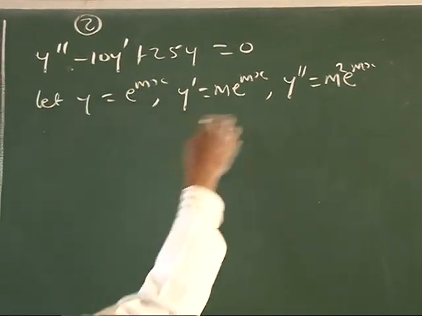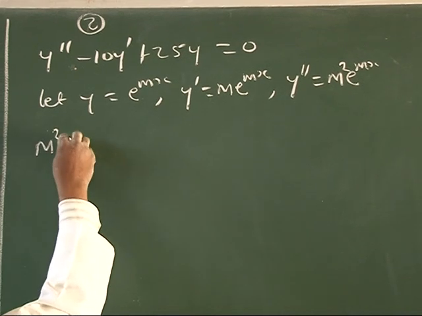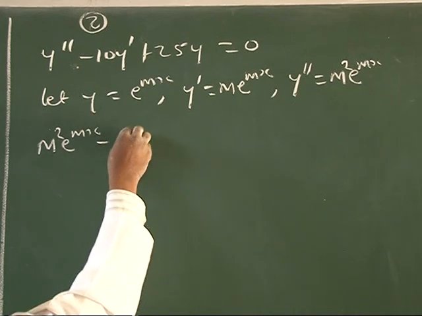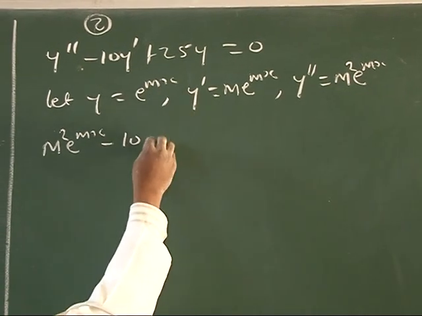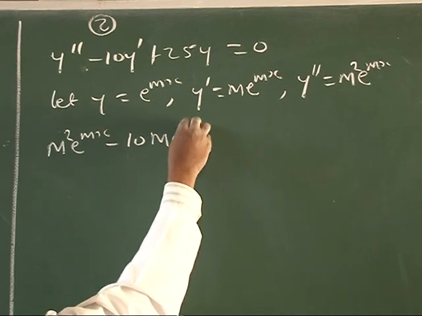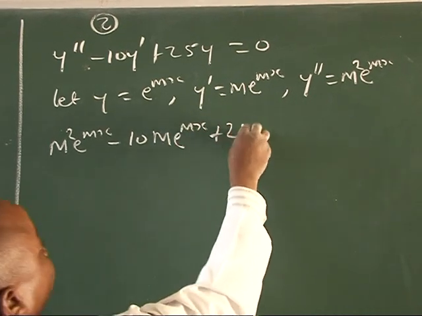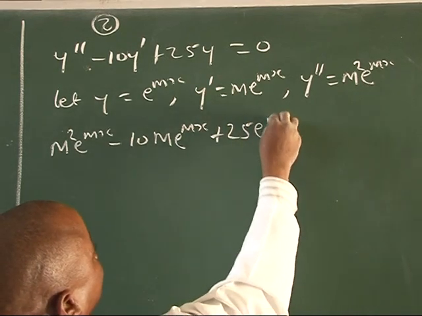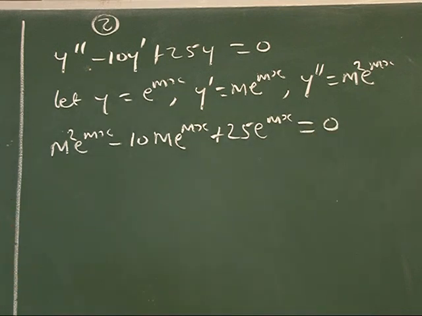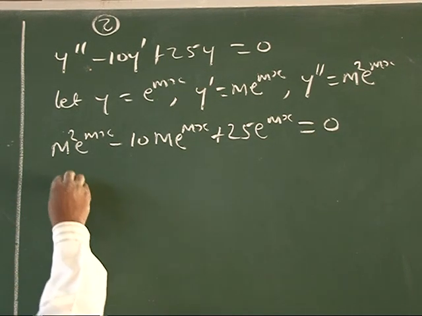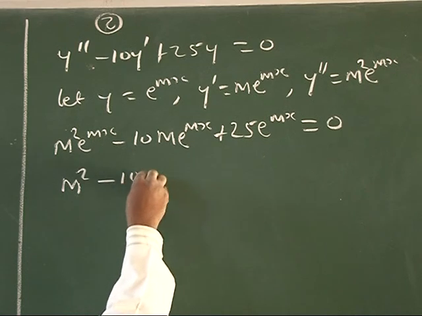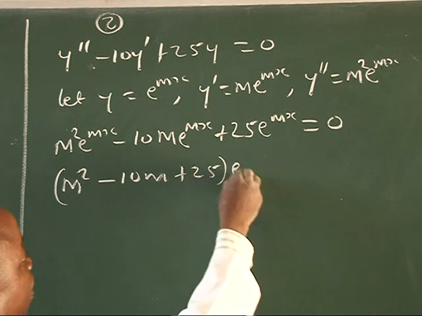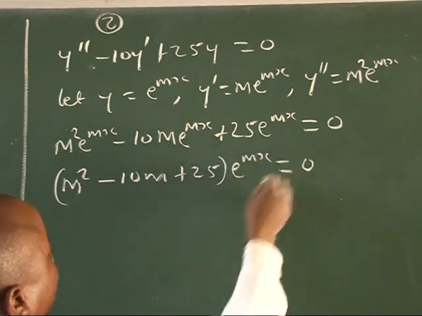We start with y prime prime, which is m squared exponential mx, minus 10y prime, which is m exponential mx, plus 25y, which is exponential mx, is equal to 0. This is written as m squared minus 10m plus 25, times exponential mx, is equal to 0.